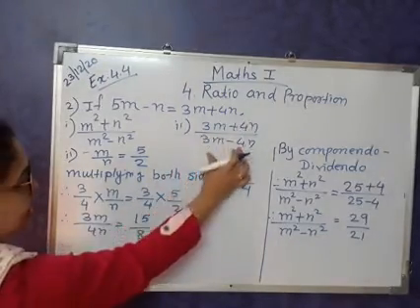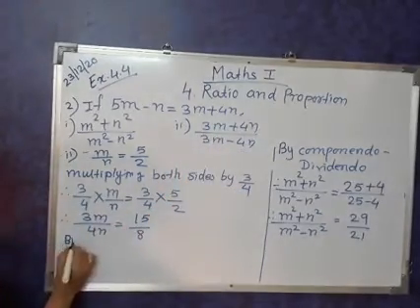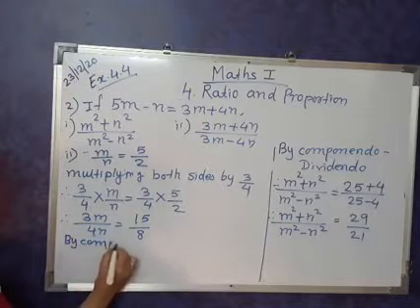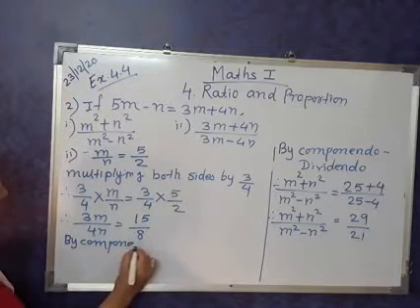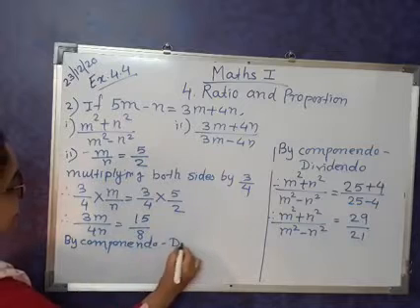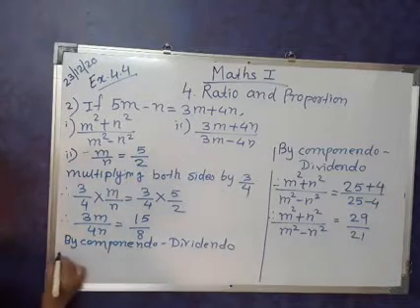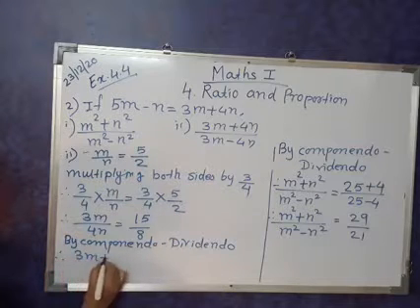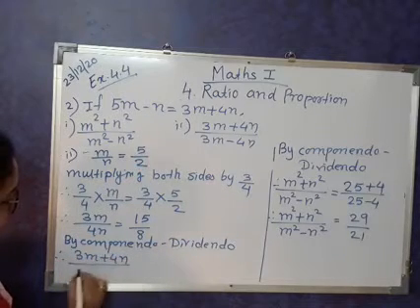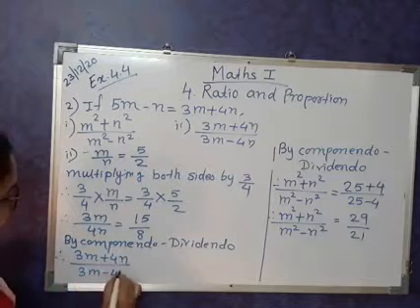Now we want addition and subtraction. So what do we have to do for that? By componendo and dividendo. That means addition and subtraction on both sides. So 3m plus 4n upon 3m minus 4n.